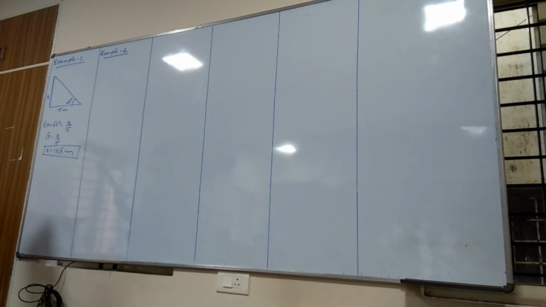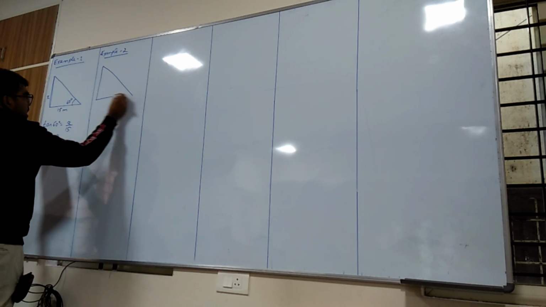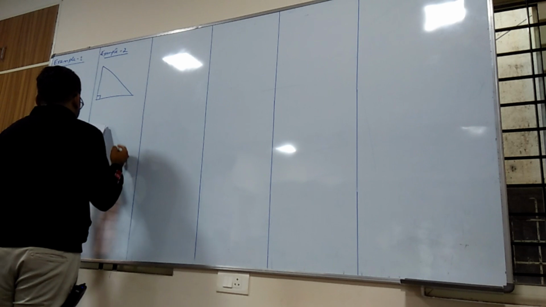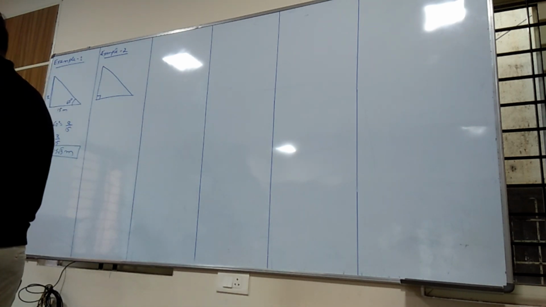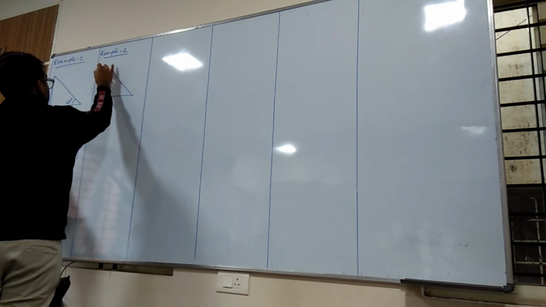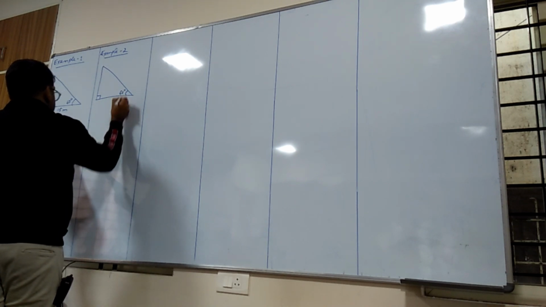Okay. Again, the same diagram. There is no change. One right angle triangle is what we expect. They have given the angle of elevation to be the angle inclined between the horizontal and the ladder. This is the ladder, and this is the horizontal. So this is again 60 degrees.